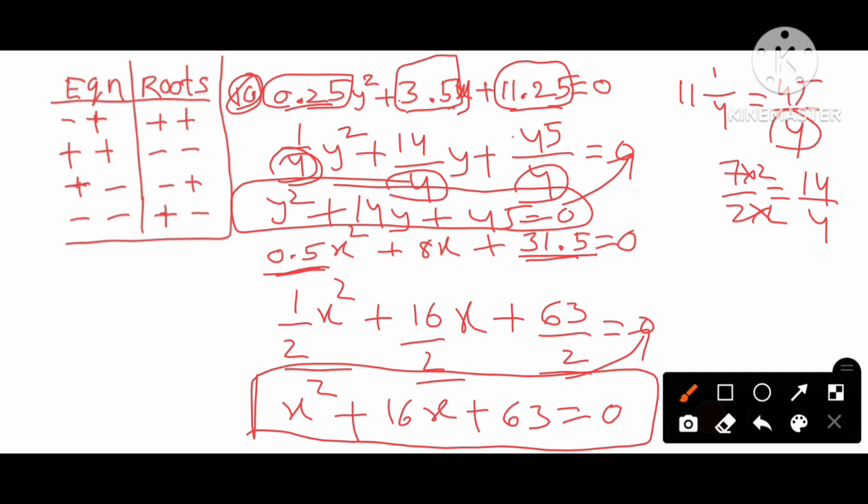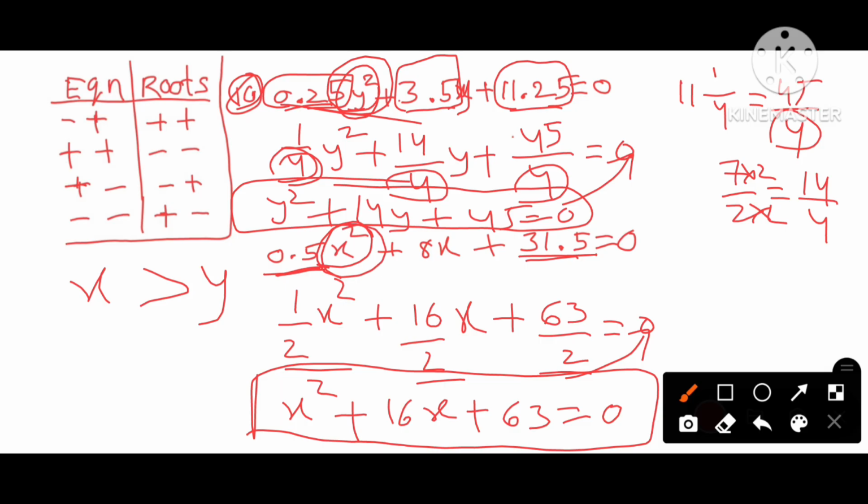Here is one more thing we need to remember: sometimes the questions are asked with y first and x next. We casually think that the first equation is x and the second equation is y, and after getting the answer we tick x is greater than y. But the question says that the first one is y and the second equation is x.